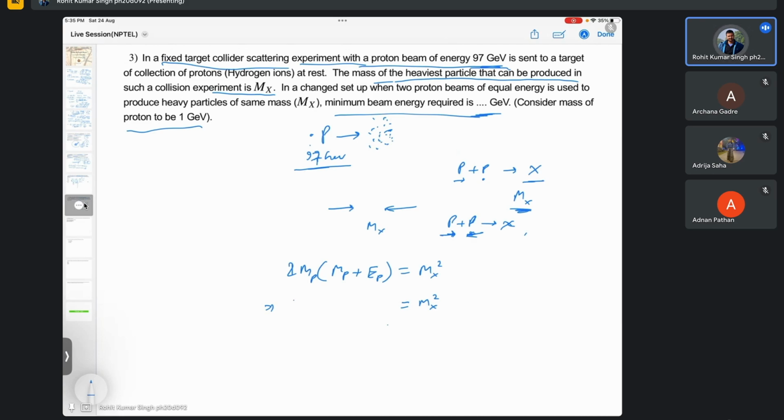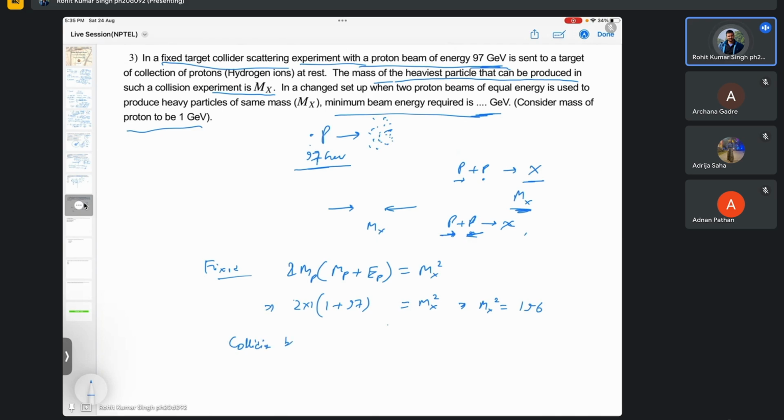I'm not writing GeV, everything is in GeV. So mx square is 2 into 1 plus the energy of the proton beam, 97. That is 98 into 2, which is 196. Okay, that is for fixed target.